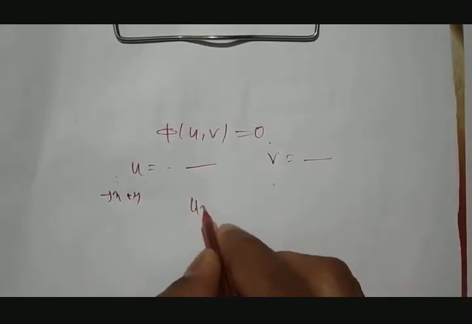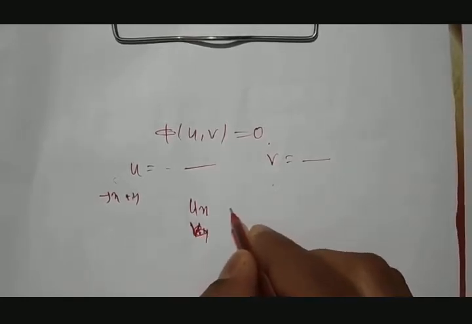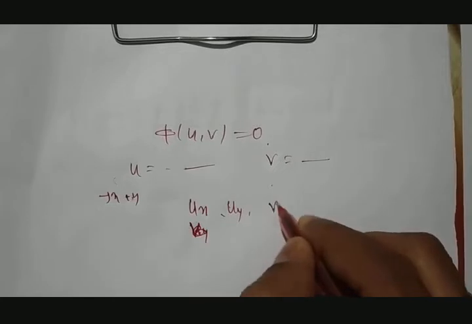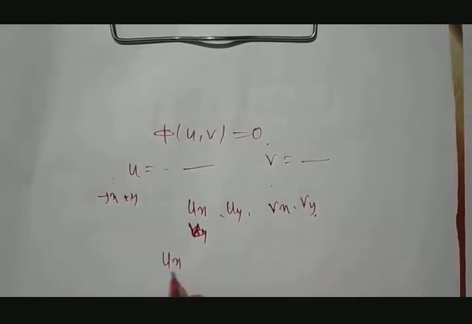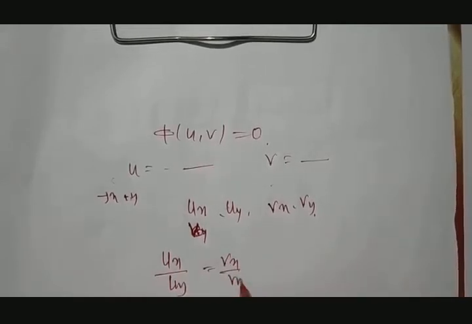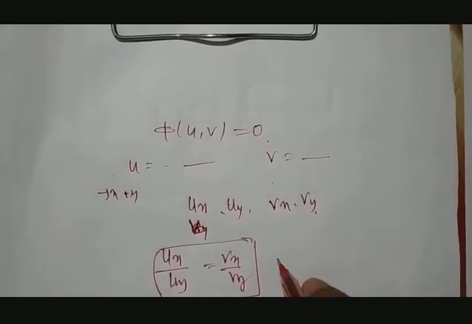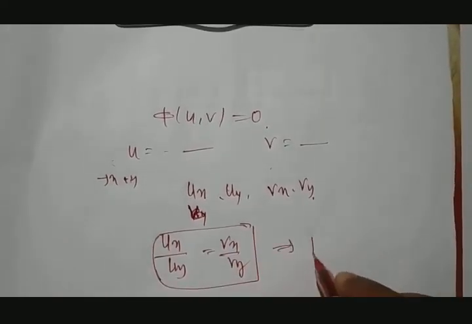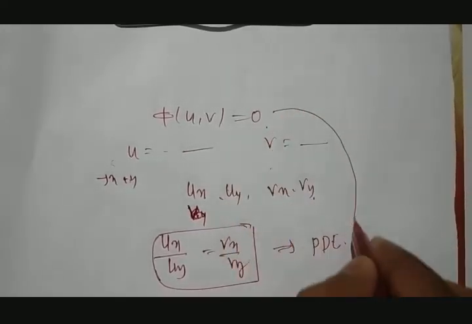Then we used to get derivatives like ux, uy, vx and vy. Then we used to construct a relation like ux by uy is equal to vx by vy. So this was the formula which produces a partial differential equation from the given equation.